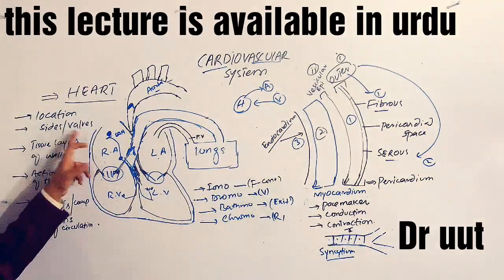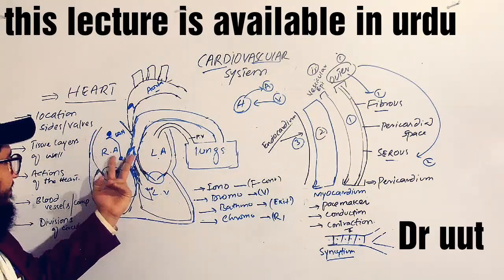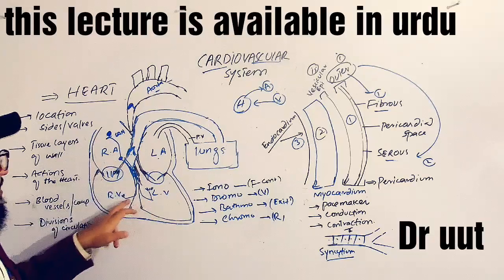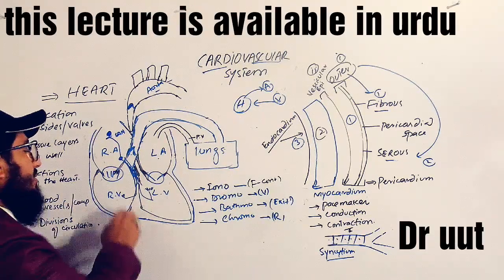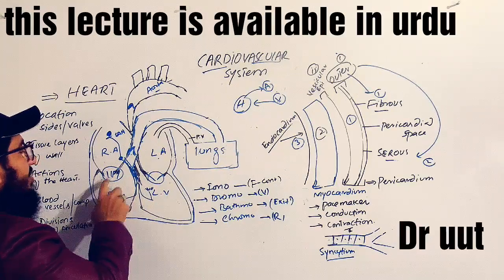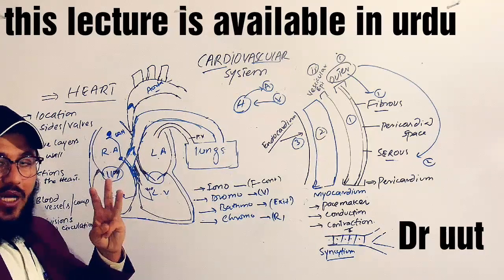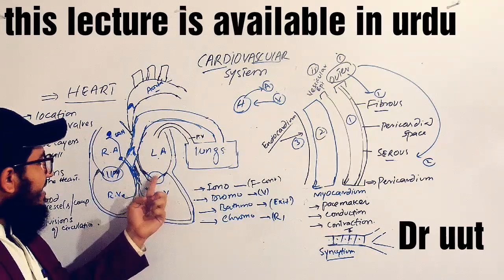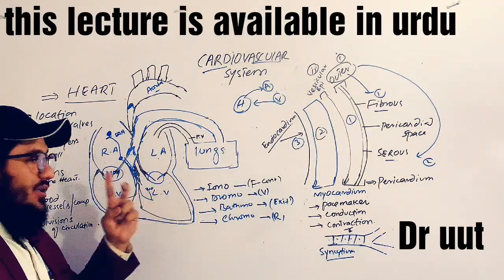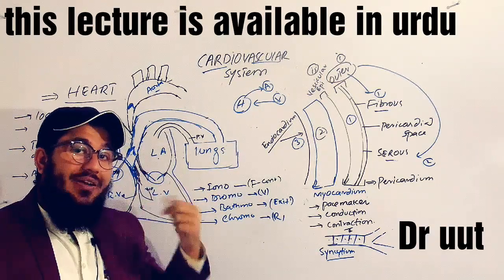Then we will come towards the sides and walls. We have two sides, right and left, and four chambers, and we have a number of valves, 1, 2, 3, 4. The right atrium and ventricle share a valve having three flaps, known as the tricuspid valve, and between the left atrium and ventricle is a structure of two flaps, known as the bicuspid or mitral valve.